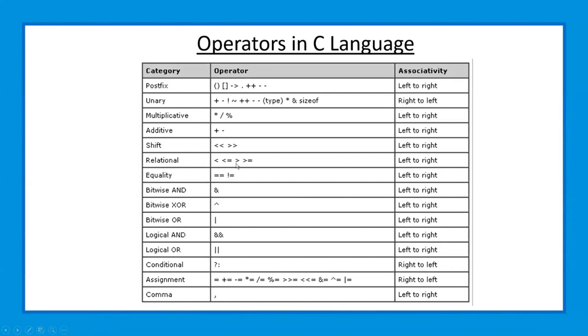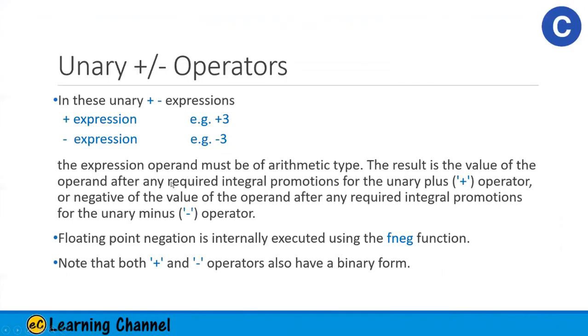Relational, greater, less than, equals, unequals. Bitwise operation, and, or, and exclusive or. Logic operation. Logic operation has double ampersand, double bar, or conditional statement. Assignment and augmented assignment. An augmented assignment is used to perform an operation with an assignment, and then comma.